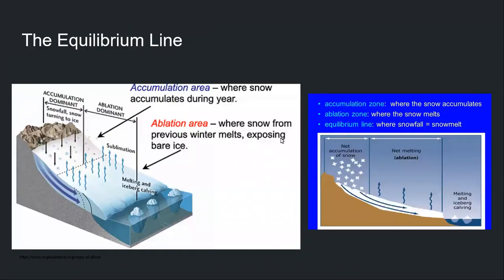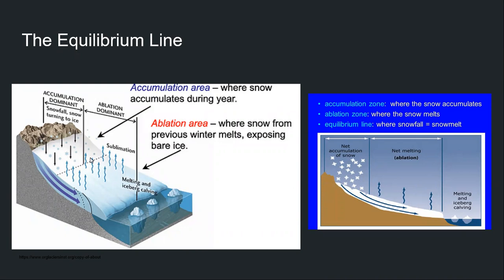And those processes, ablation and accumulation, those mechanisms, as I said 2 videos ago, are determining where the equilibrium line is. The equilibrium line corresponds to the transition between accumulation and ablation on your glacier.